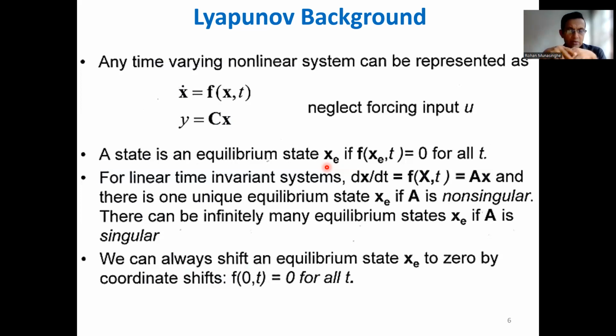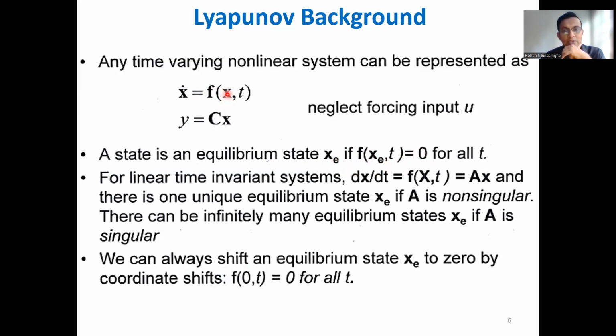Or a vehicle moves 1 kilometer and at that point it stops and is not moving anymore. At that point, the function f of x and t is equal to 0.